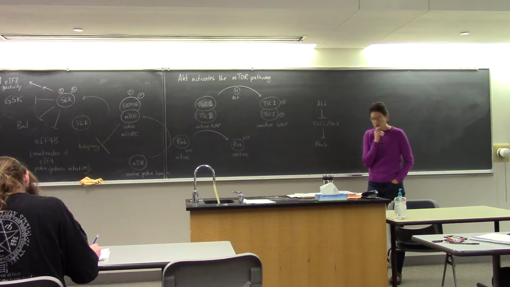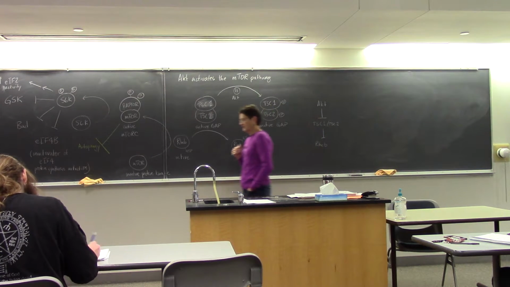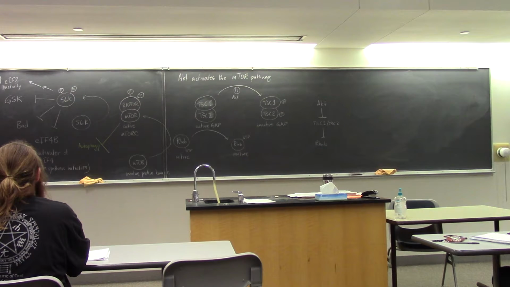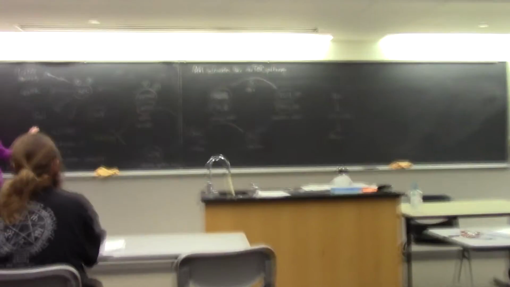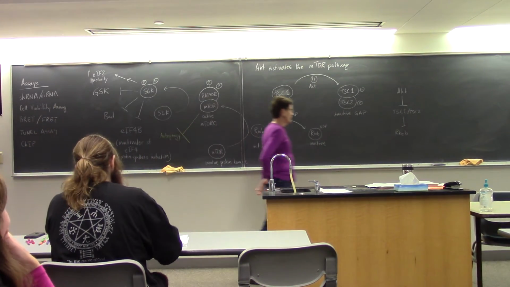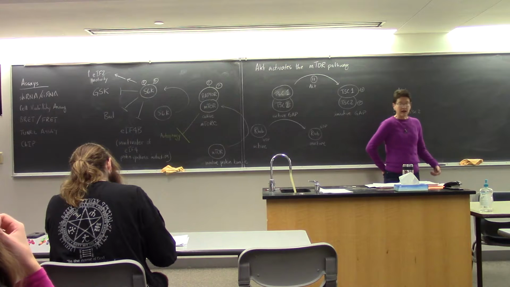Would you want mTOR to be active or inactive? Would you want a lot of protein synthesis activity going on if you are not getting enough amino acids in the medium? No, so you want to inhibit mTOR activity. And you can't.